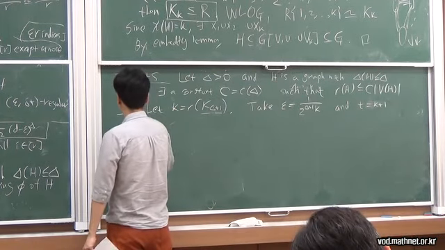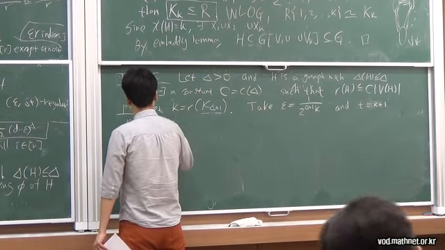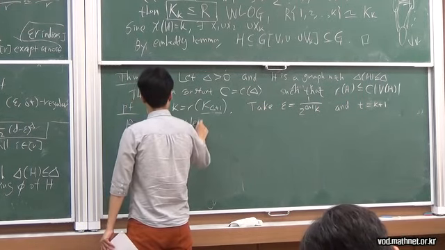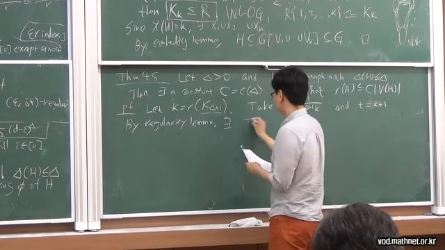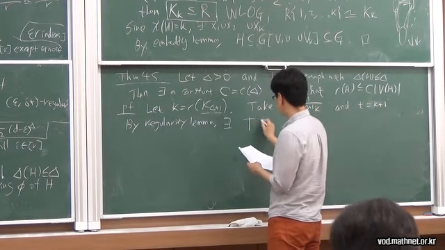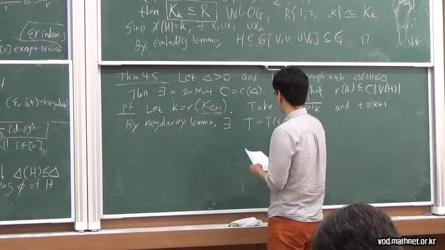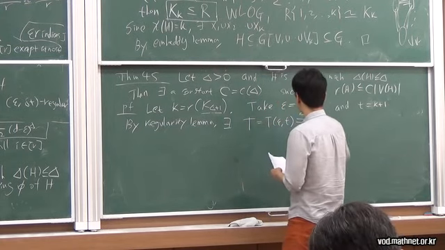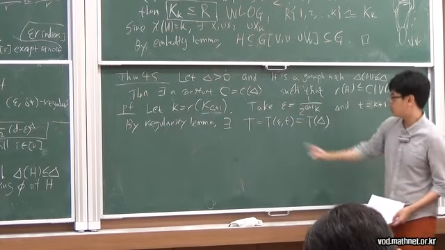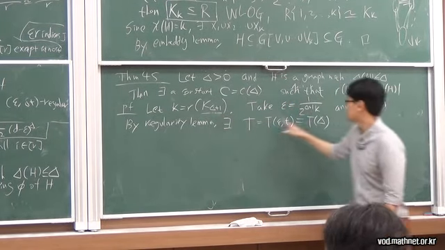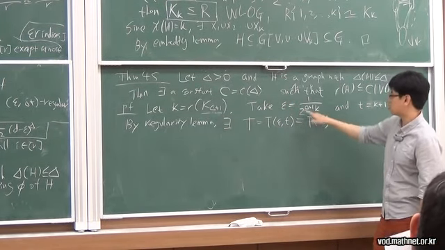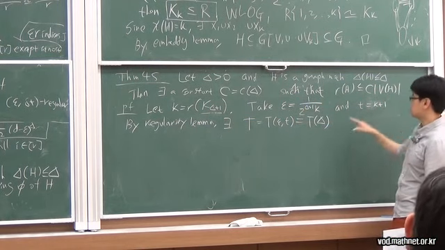Then by the regularity lemma, there exists some capital T, which is a function of this epsilon and t, which is further a function of delta. Because k is determined by delta, epsilon is thus determined by delta, and t is determined by delta.